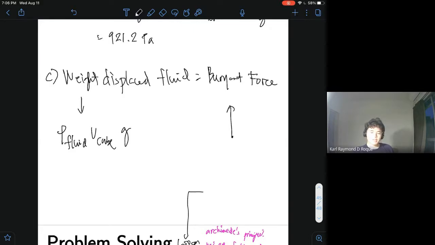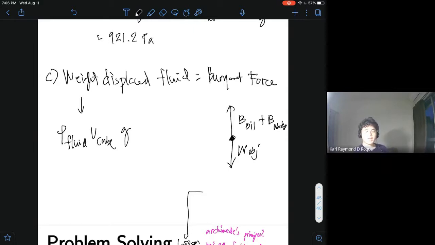Dalawa yung buoyant force dyan. B oil plus B water. Yung pababa, weight of object. Weight of wood. Yun yung kailangan natin.